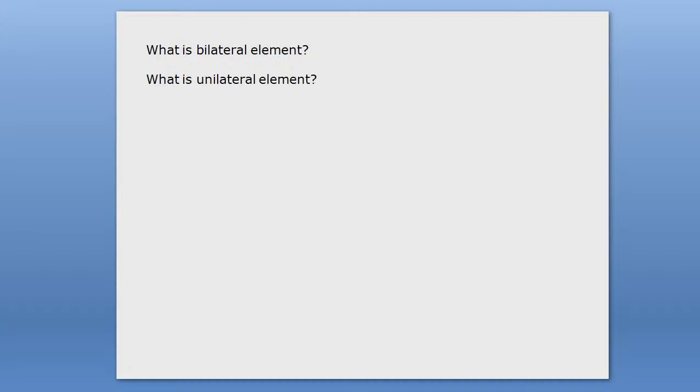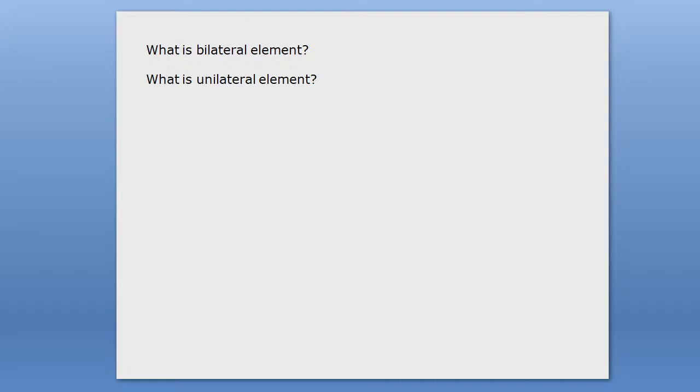In unilateral, the conduction is in a single direction. Bilateral is conduction of current in both directions. Whatever is given, all answers are correct, but Arkadev, you just check the example of a bilateral element. You have written that the example of a bilateral element is a diode. Okay, right, Arkadev, you are right.